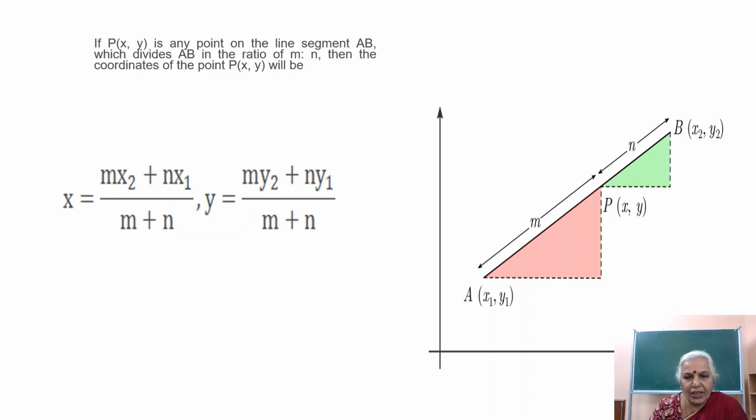Here coordinates of the point A is x1, y1, coordinate of the point B is x2, y2, and coordinate of point P is x and y, and m and n is a ratio. Here if one of the coordinates is not given, using the section formula, you have to find the value of the unknown quantity.